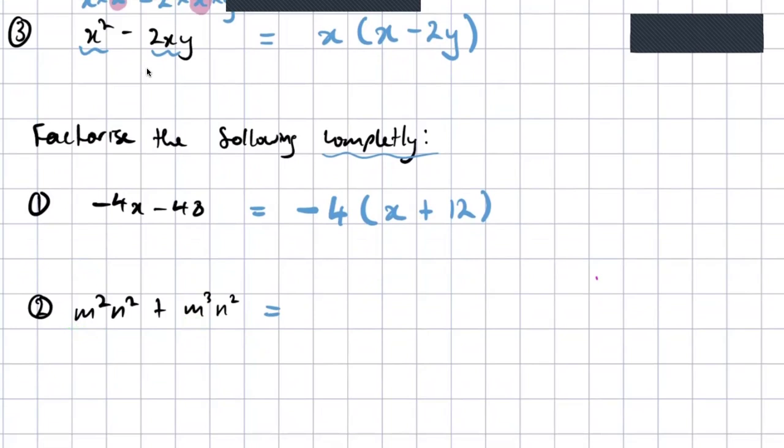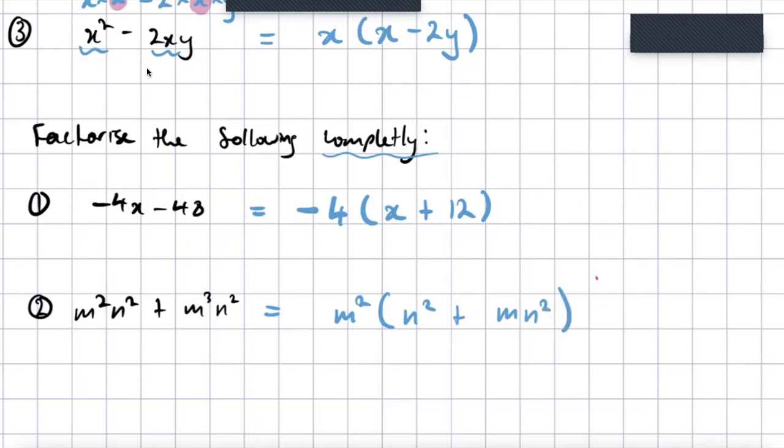The highest power for both of them is 2 for the m's. So if I drag out an m squared, inside of the brackets, I am going to be left with an n squared for the first term, okay? Plus, and now noting that I have 3 m's on this second term, so I'll still be left with an m on that one, and I'll still be left with an n squared.